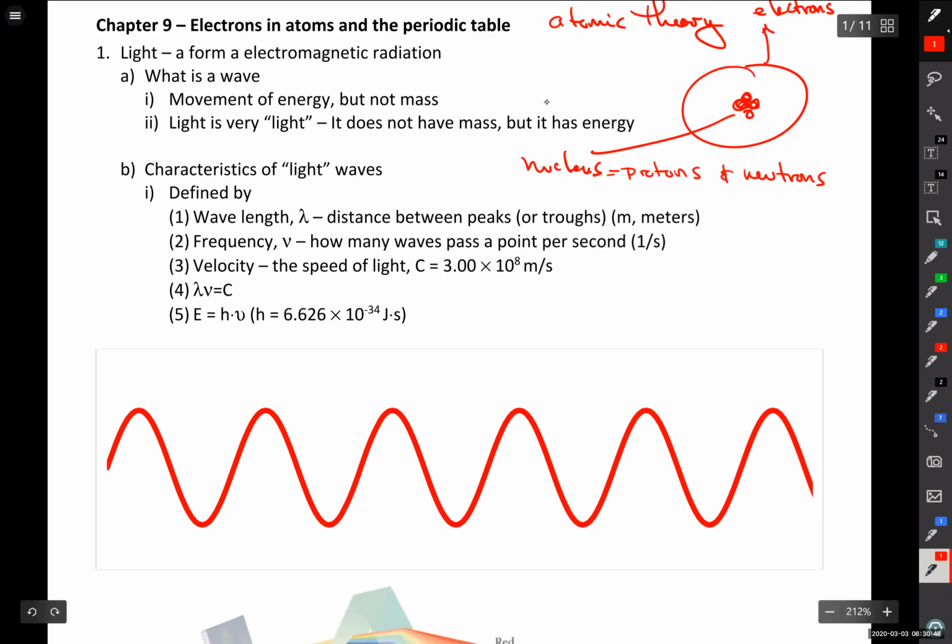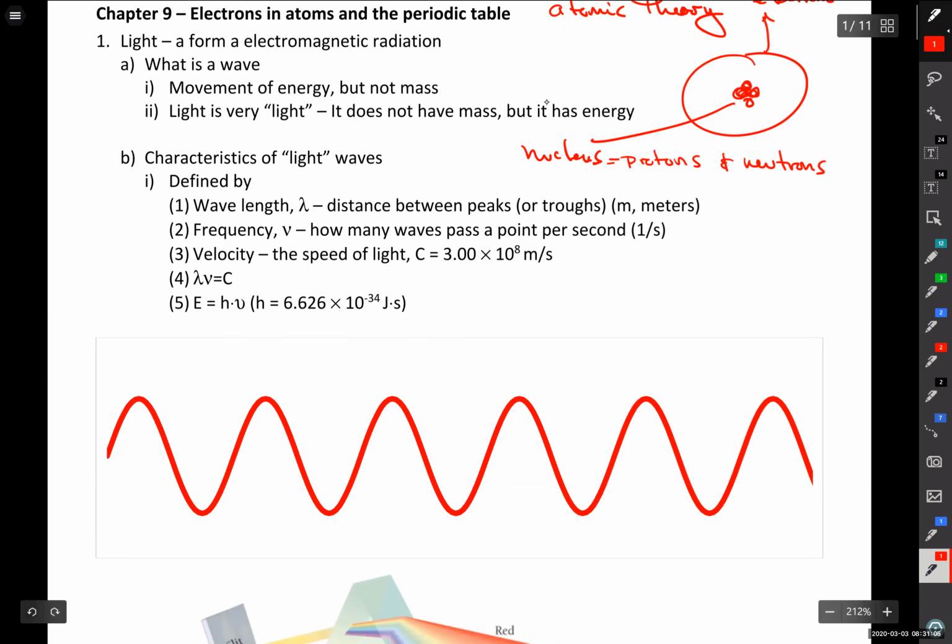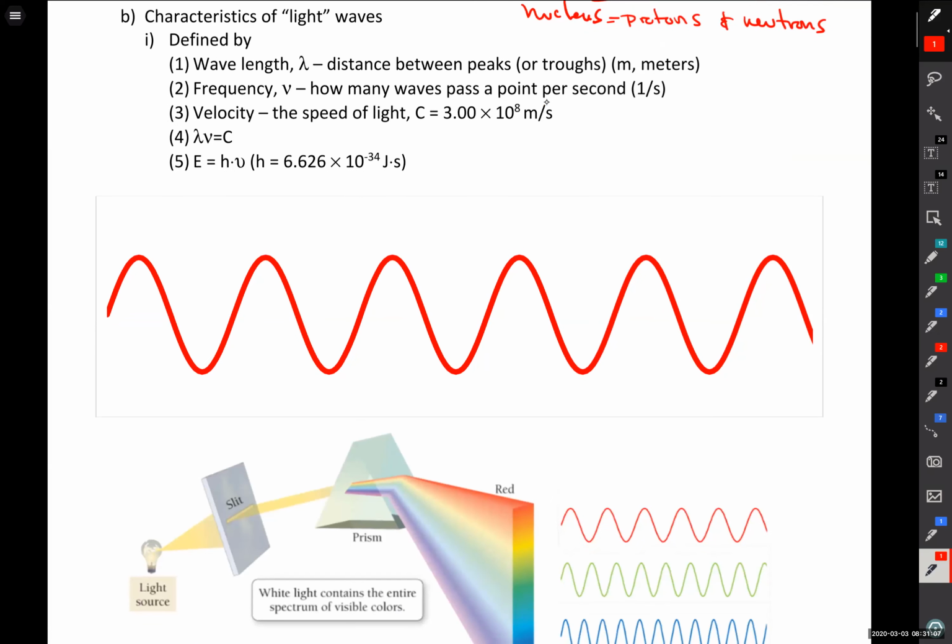But in order to understand electrons in atoms, we have to understand a little bit more about what light is. So I took some pictures from your book and then modified them so they actually had information in them. So light is a wave.